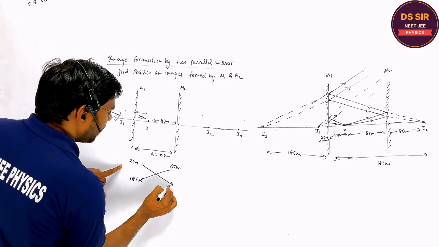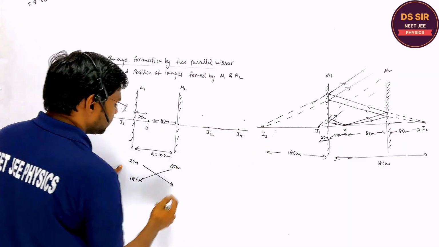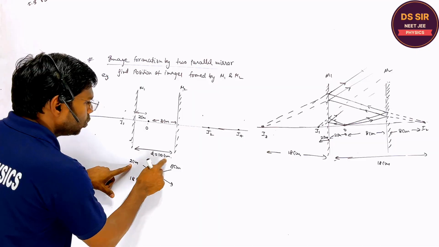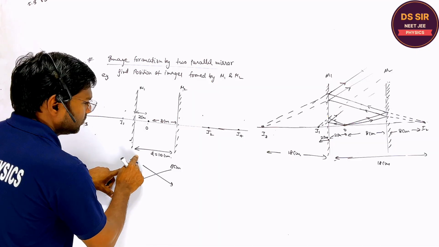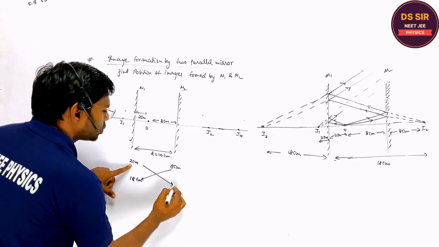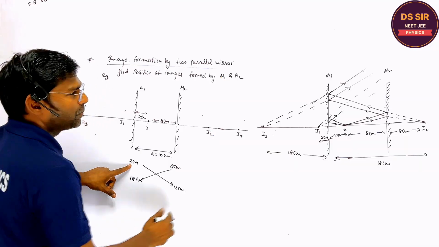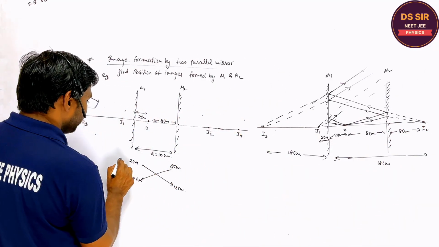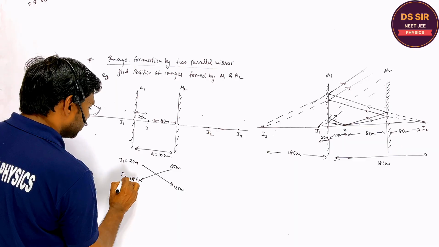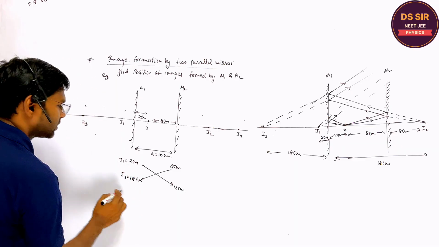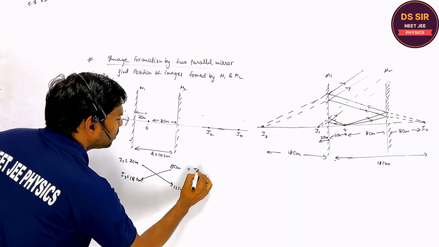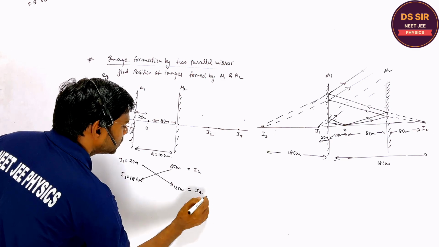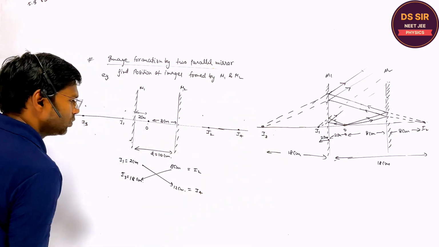And the next image behind this, it is 2 plus separation between them, 2 plus 10, so it is 12 centimeter. So this is the I1 position, this is the I3 position, and this is the I2 position, this is the I4 position behind the mirror M2, right?